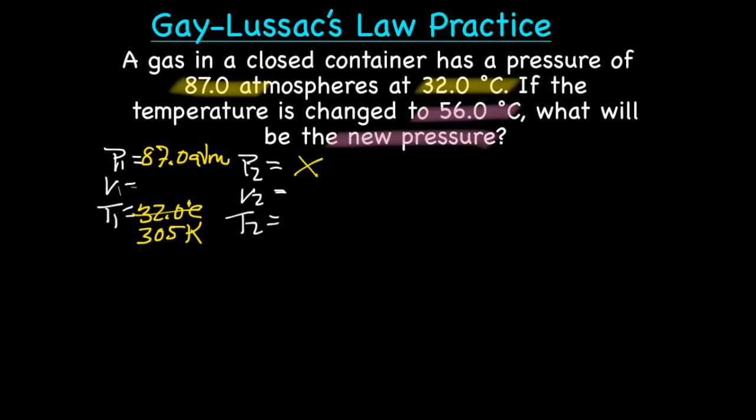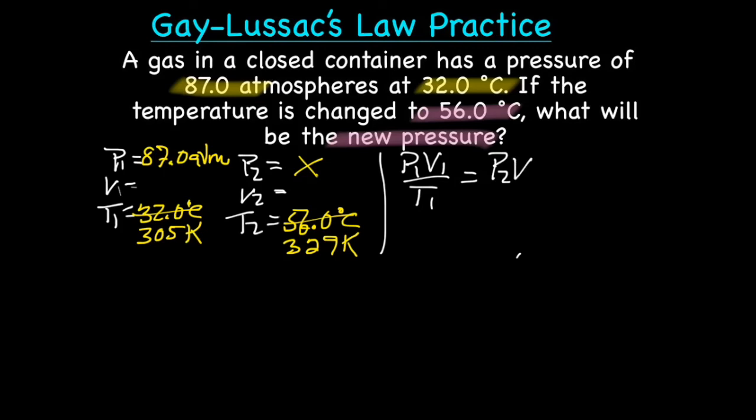And our temperature 2 is 56 degrees Celsius, which we need to change to Kelvin, and I got 329 Kelvin. All right, let's put this in the formula. P1 times V1 over T1 equals P2 times V2 over T2.